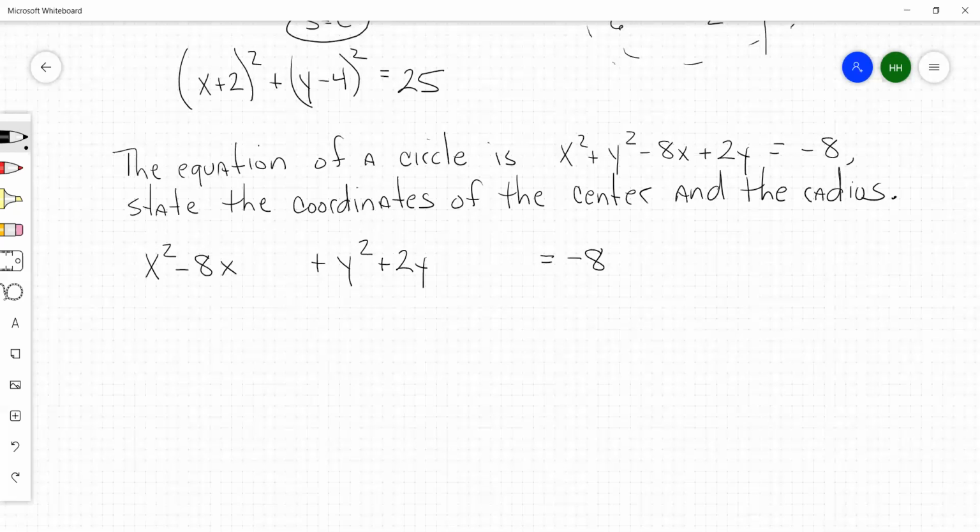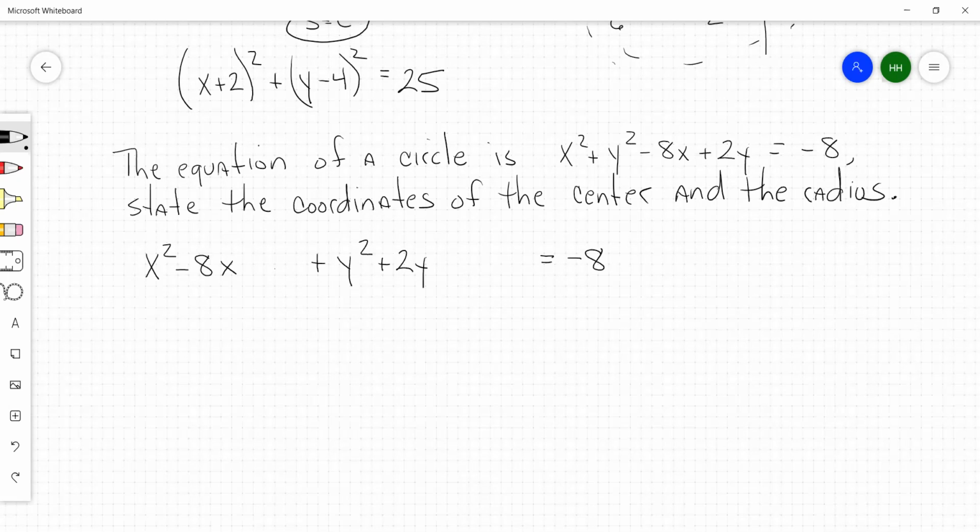Now, hopefully back in Algebra 1, you did something called completing the square. You can turn this binomial into a perfect square trinomial by taking half of this 8, half of the 8, squaring it, and adding it to both sides of this equation. So what's half of 8? 4 squared.